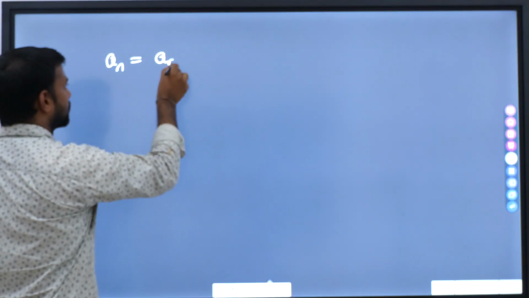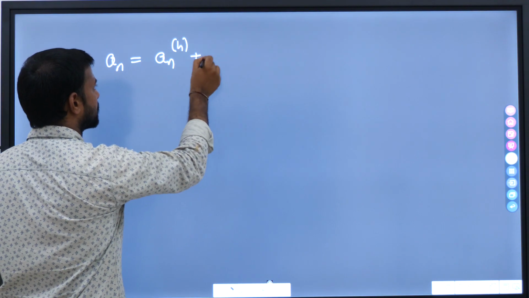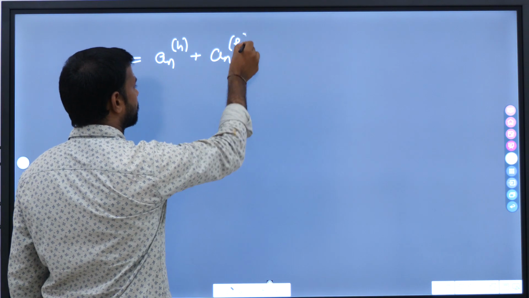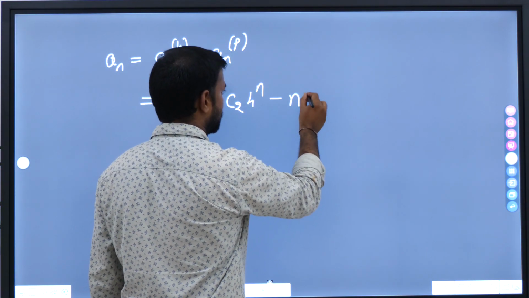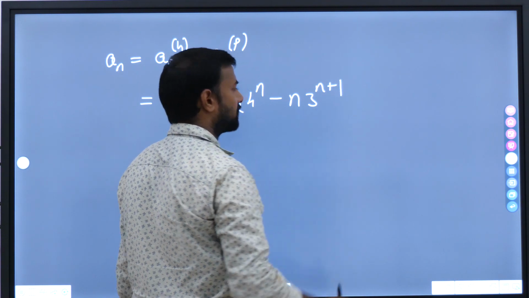So therefore, the final solution, that is a_n equal to a_n(h) plus a_n(p), that equal to c1 into 3 power n plus c2 into 4 power n plus, I hope we got minus, okay, minus n into 3 power n plus 1.